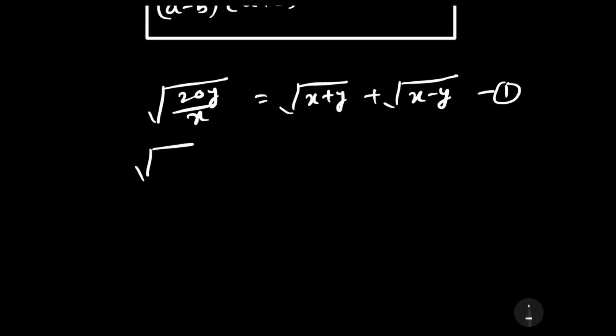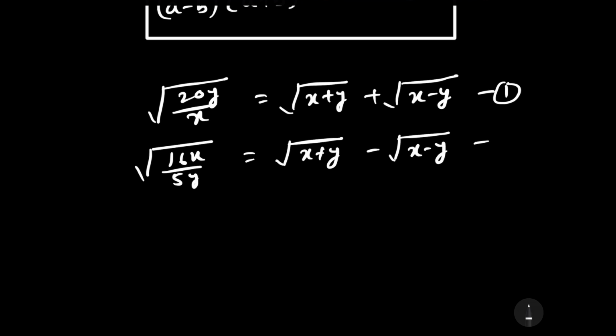Our second equation is square root of 16x upon 5y is equal to square root of x plus y minus square root of x minus y. If we add these both equations, it will be very tedious to solve this question. So we will follow another method: we will multiply equation 1 and 2.